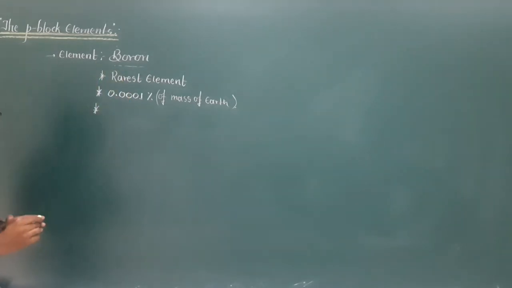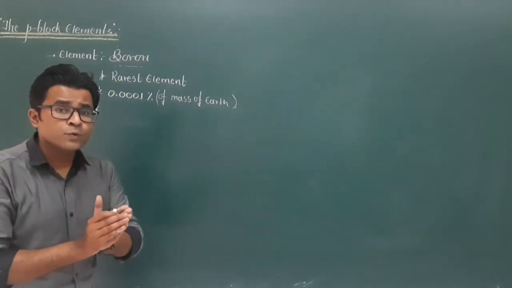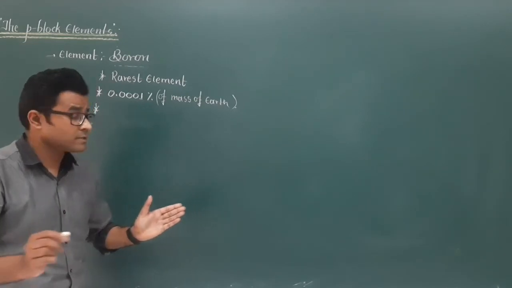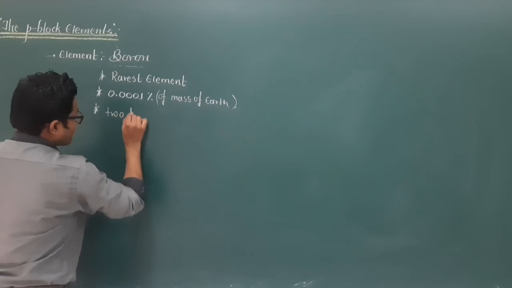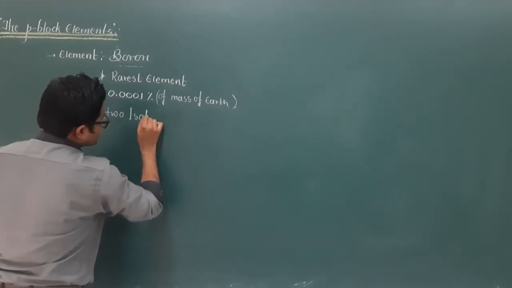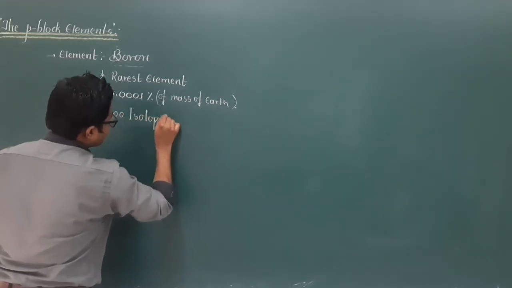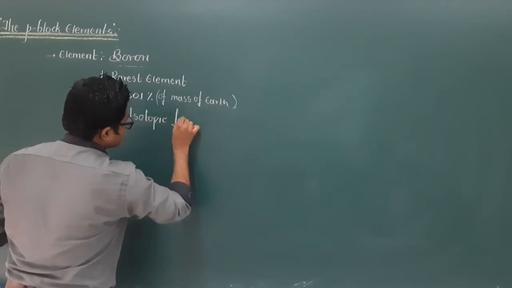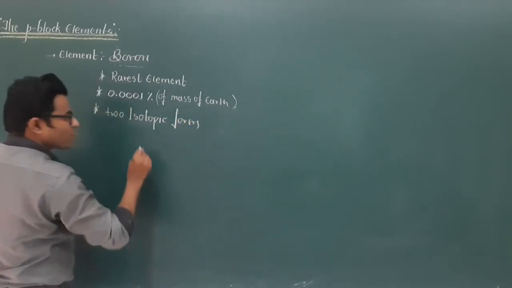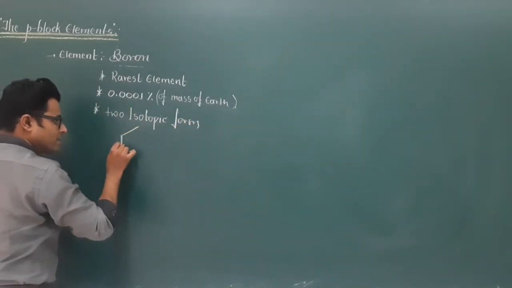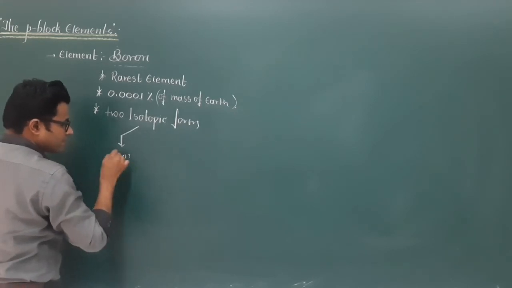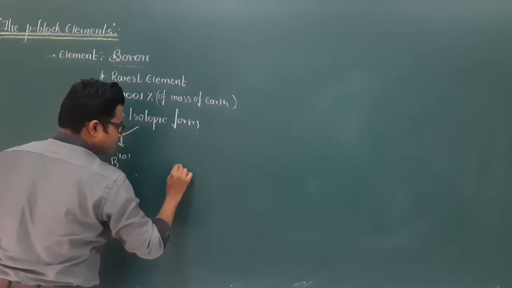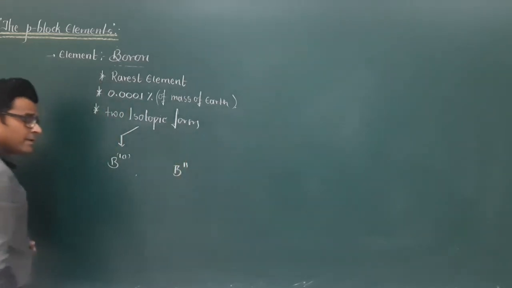Secondly, boron exists in two isotopic forms, B10 and B11.